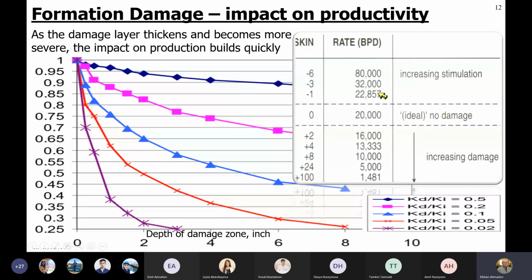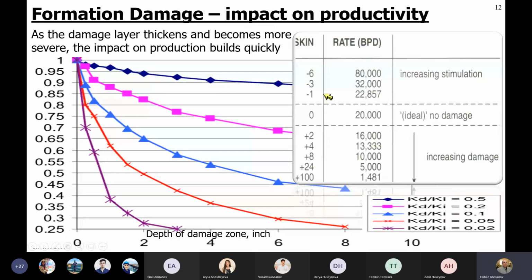In cases when we get stimulation or well deviation or hydraulic fracturing or whatever reason, we increase the permeability around the wellbore or increase the effective wellbore radius, and we can get negative skin.